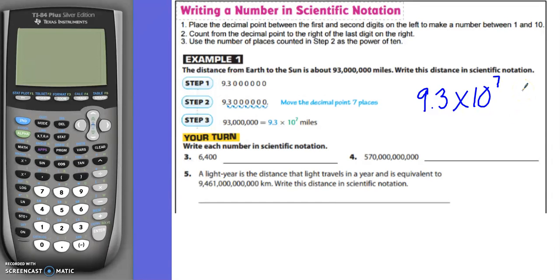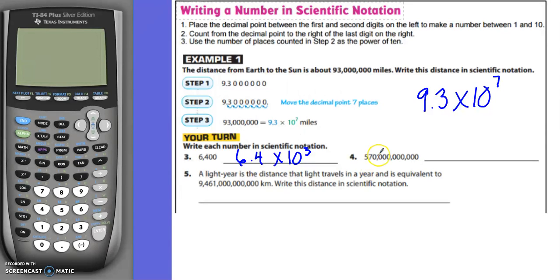All right, let's take a look at another one. So we have 6,400. So we are going to take the two digits on the left and we're going to write it as 6.4 times 10, and then we're going to count however many places it takes to go over to the right. 1, 2, 3. So 6.4 times 10 to the third.